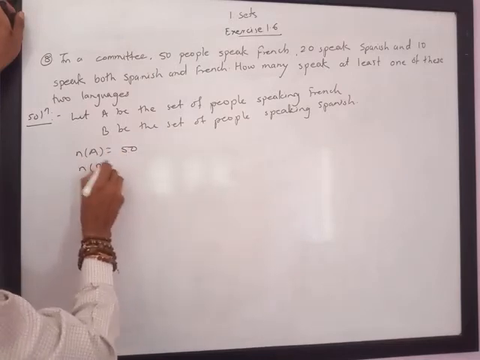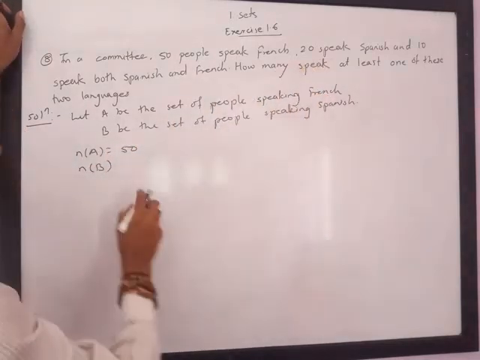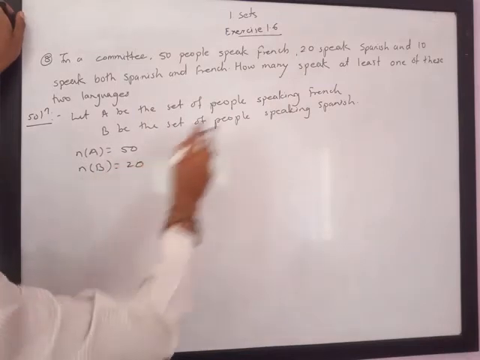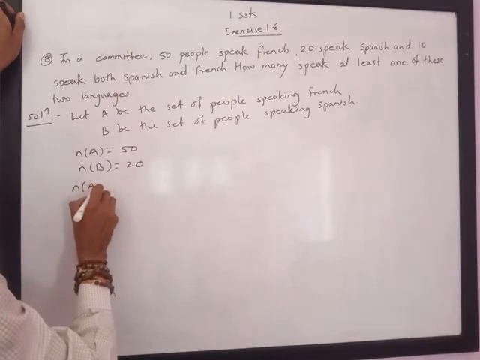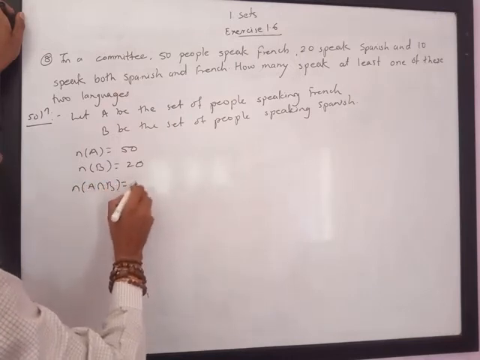Number of elements in B set, 20 people speak Spanish, that is equal to 20, and 10 people speak both, so it means common to both are A intersection B, that is equal to 10.